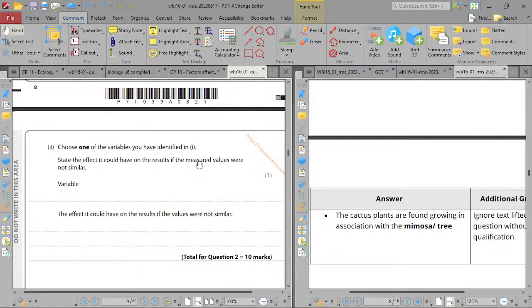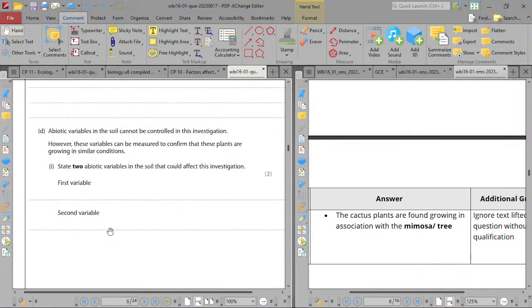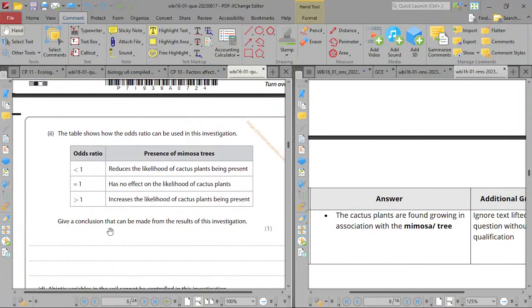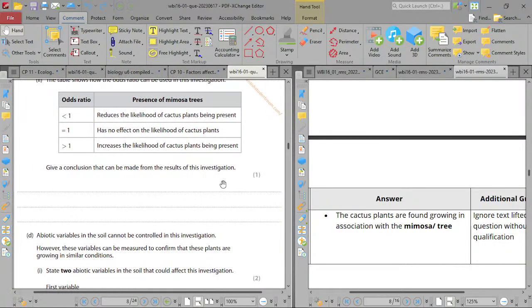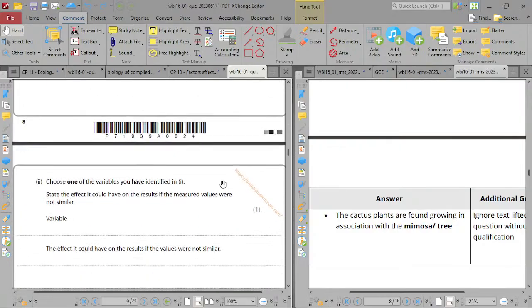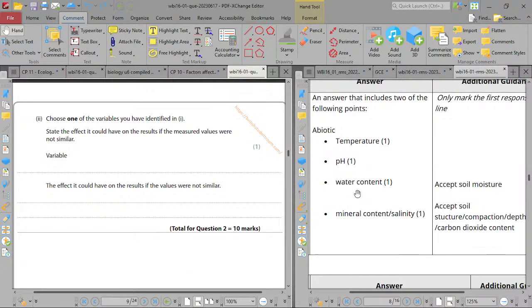State the effect it could have on the results if the measure were not similar. If the pH was different, then the results would have been altered. It would have been different.